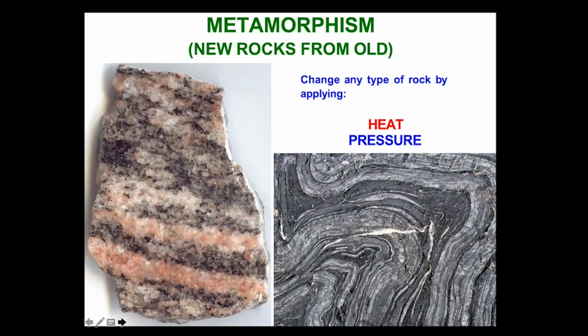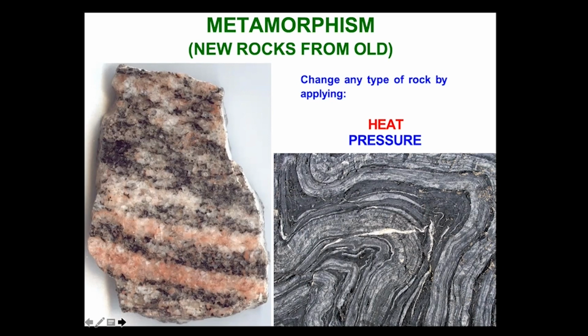Metamorphism, or metamorphic rocks, literally means new rocks from old. So we can take any pre-existing rock type and apply heat and pressure to it. Heat and pressure in the simplest sense will have exactly the same effect on the rock.